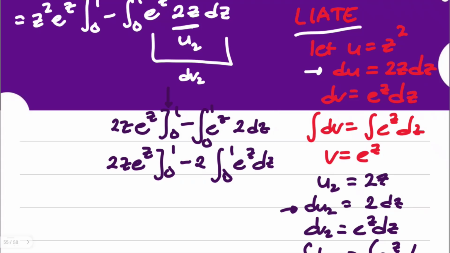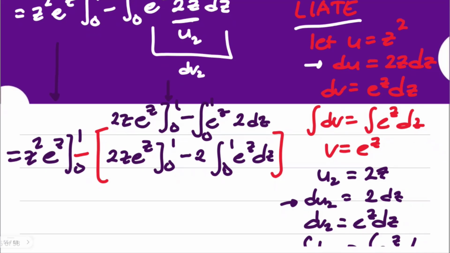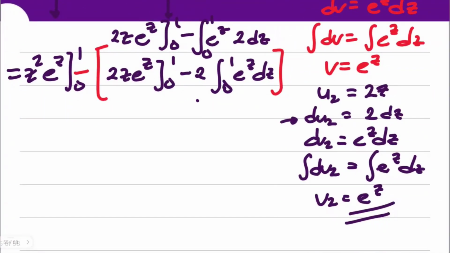Take note, again, let me write this here. These are all under minus here. Don't forget that grouping symbol, very important. Z squared e to the z, still 0 to 1. As we continue, let's simply finish this, and that's already good to be integrated.